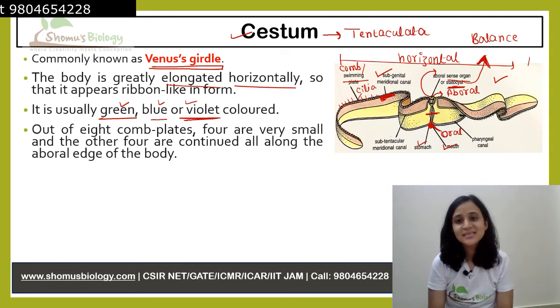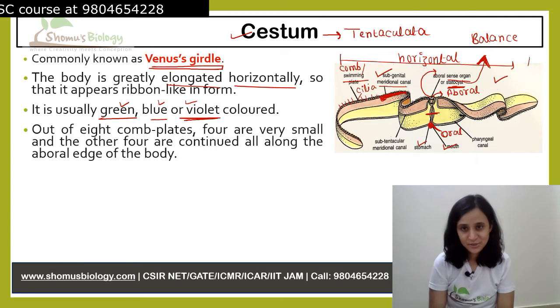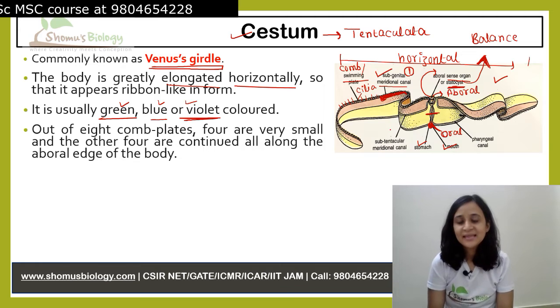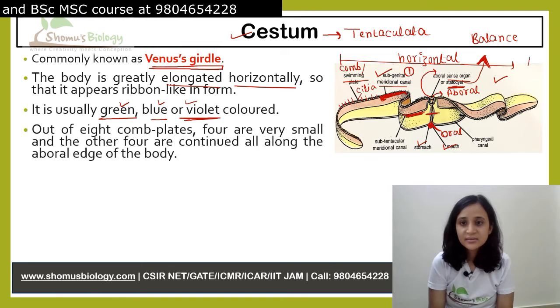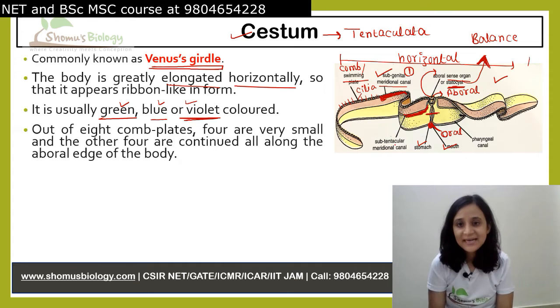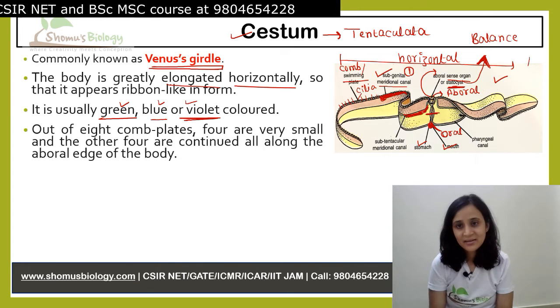So this is the subgenital meridional canal, and this canal is found just beneath the swimming plate. This is canal number 1. And then we will see here one more canal. This is the second canal. So this is actually called subtentacular meridional canal.